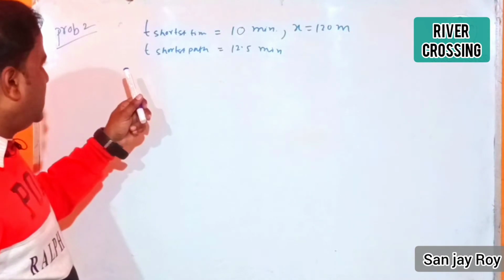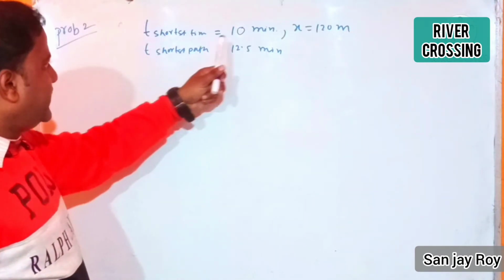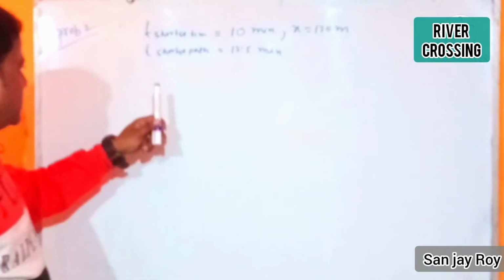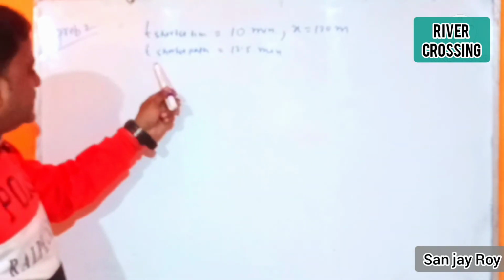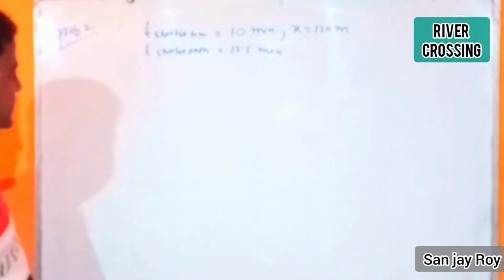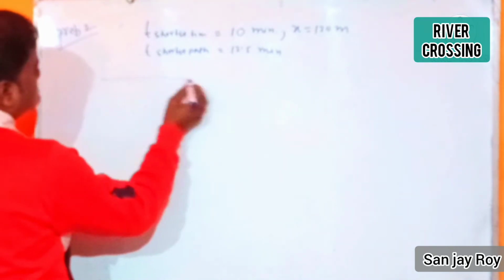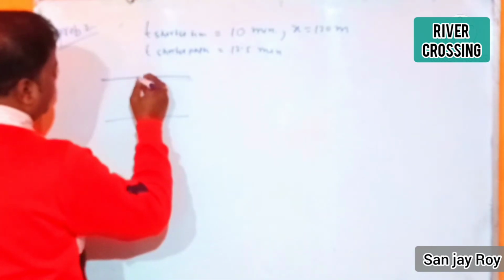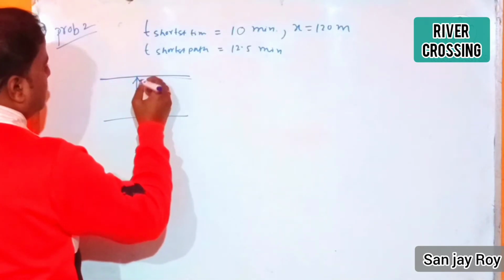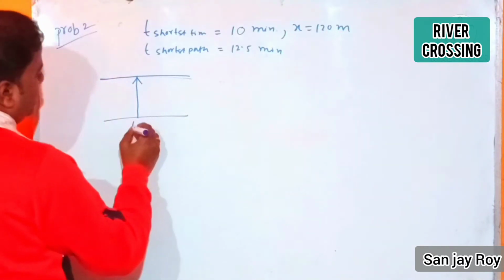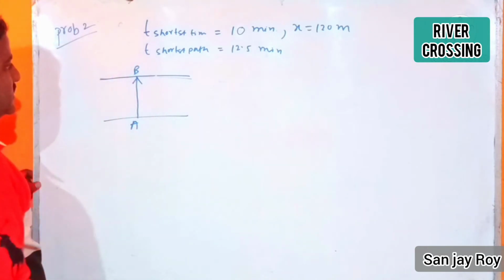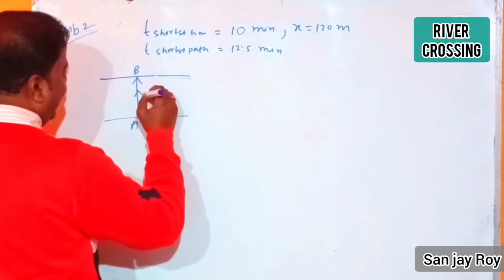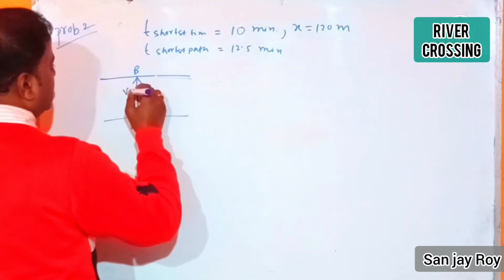Here our given data: to cross the river in shortest time, 10 minutes with a drift of 120 meter, and the time to cross the river in shortest path, 12.5 minutes. First condition, we have to cross the river in shortest time. In our theoretical part, we discussed that to cross the river in shortest time, a boat should be driven along this direction.